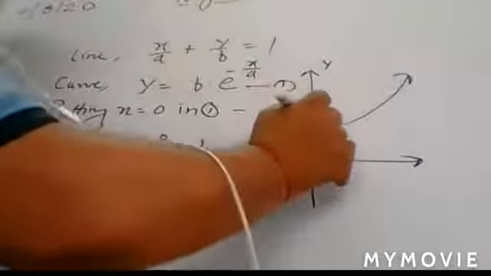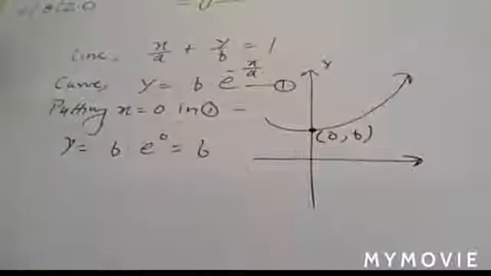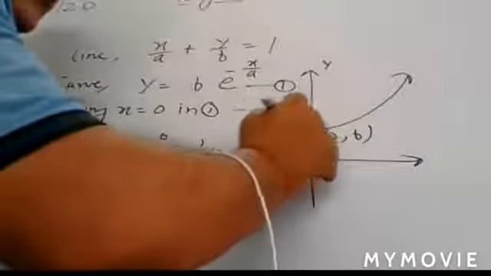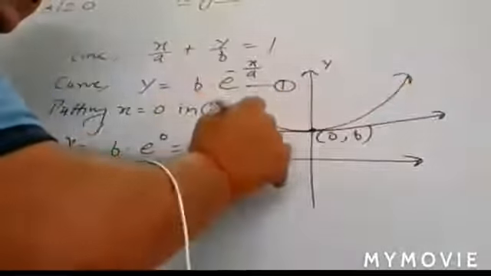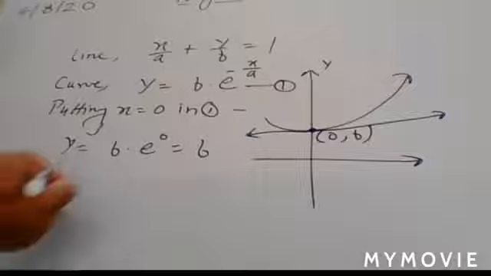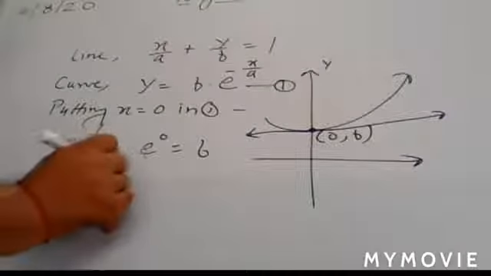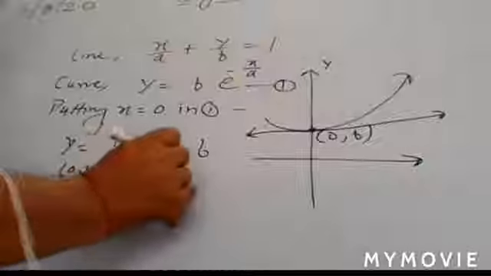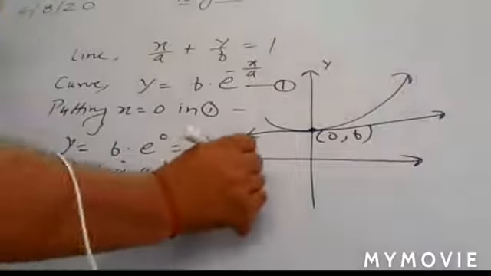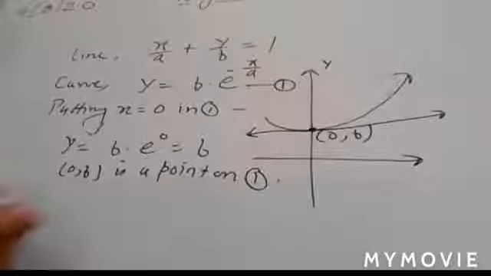Understand? So the coordinate of this point is (0, b), and you are trying to find the equation of tangent at this point. So you have to differentiate it. Hence (0, b) is a point on 1, means the first curve.